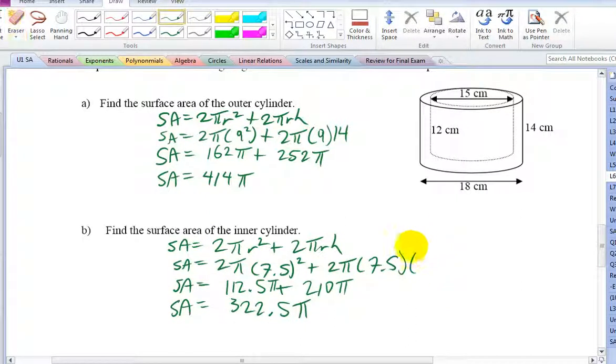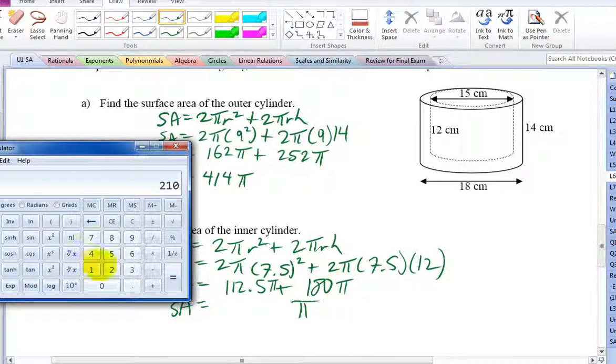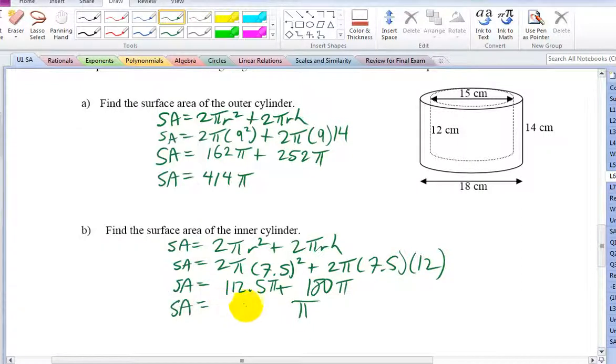So this is 12. So what's this one then? 180. Okay. Add them together. 292.5. Okay, well that's really interesting then, isn't it? So what are we going to do with the next question? Looking at our shape, what does that mean?